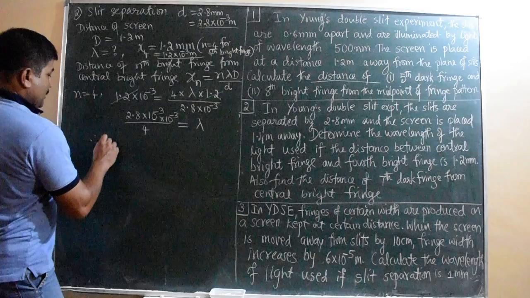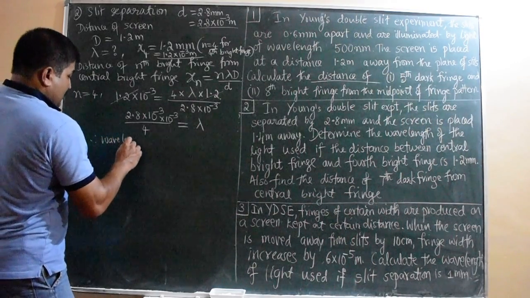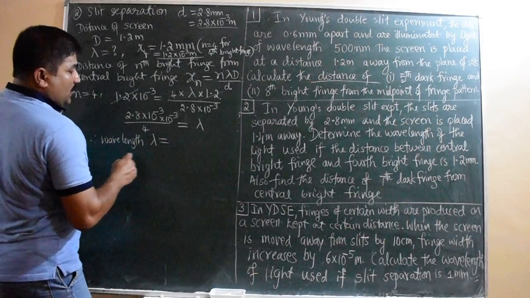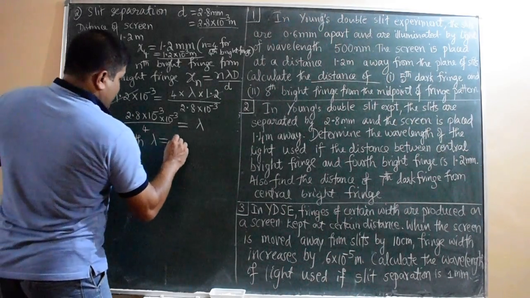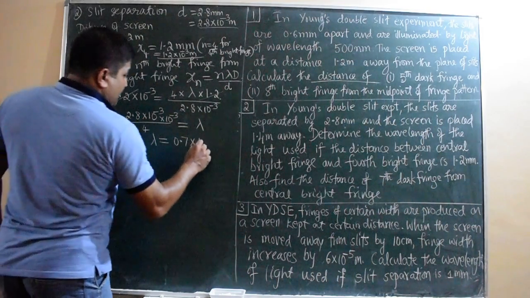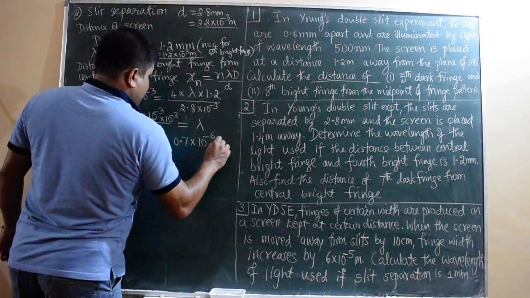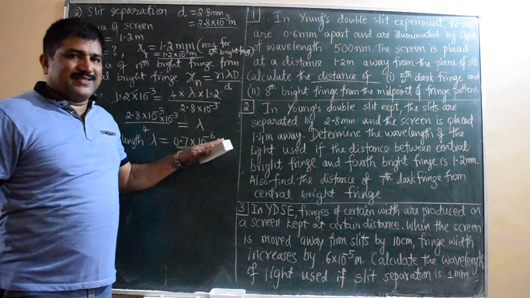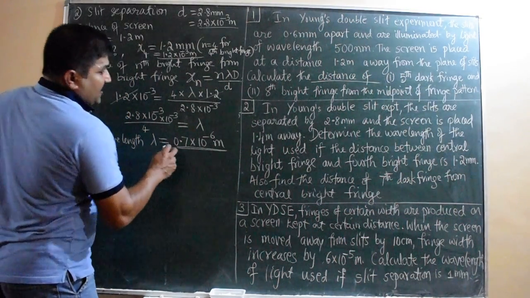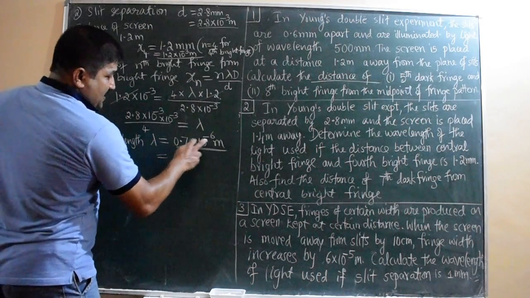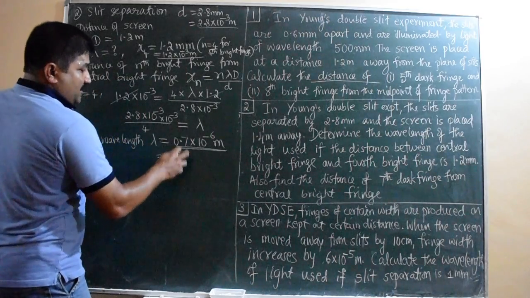Therefore, the wavelength of light, the wavelength required in the question, lambda equals 2.8 by 4, that is 0.7 into 10 power minus 6 meter. That is the answer. We can write it in nanometer. Nano is 10 power minus 9. If I write 10 power minus 9 here, I multiply by 1000 here.